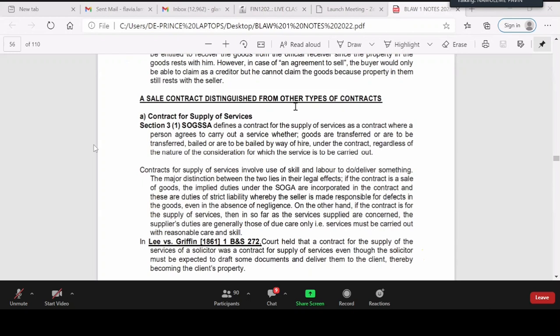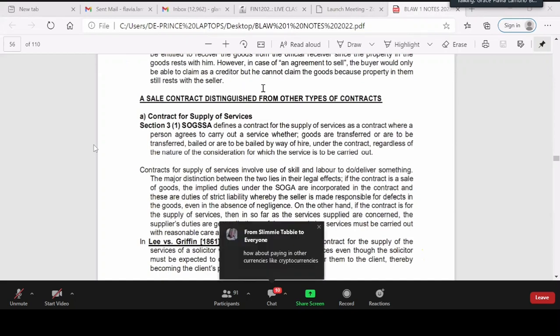Then another one is asking, can I use payment in installments as a difference between sale and barter contract? Under the law, the way we have stated them, installments only arise in a contract of hire purchase. But parties are free to enter into contracts on their own terms.